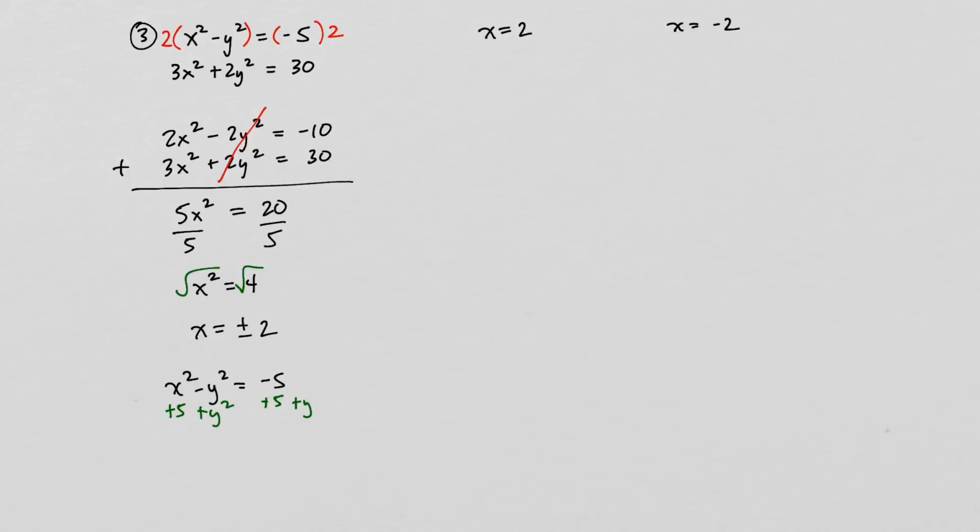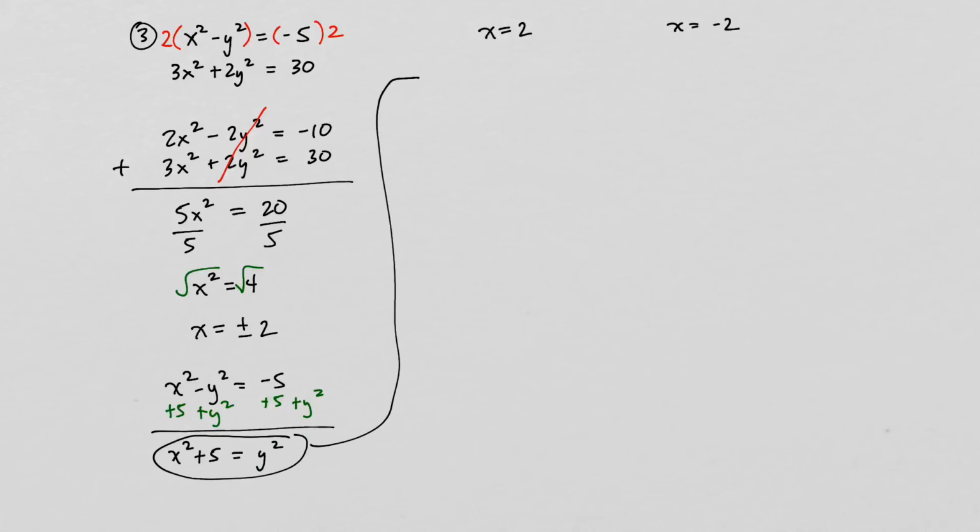And when we do that, that's going to clean up the equation a little bit. We're going to have x squared plus 5 is equal to y squared. Okay, so that's what I'm going to use to find my y values up here. So let me go ahead and write that down. Y squared is equal to x squared plus 5.